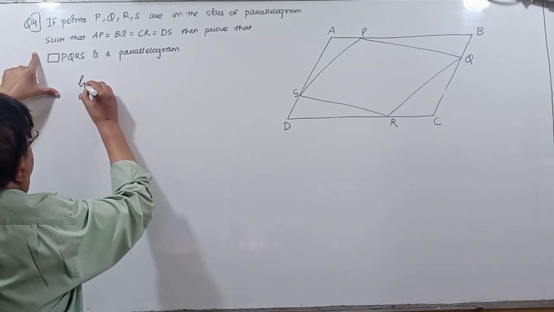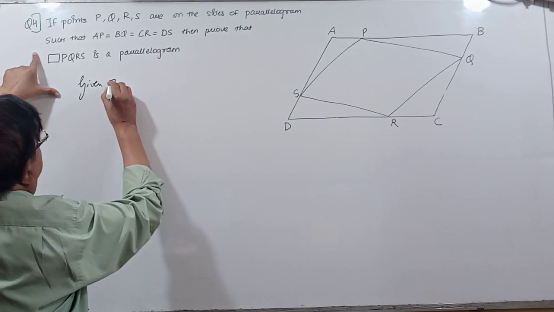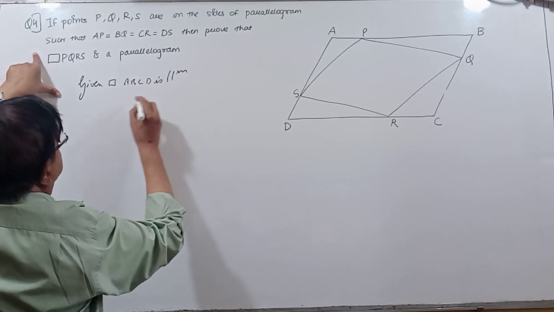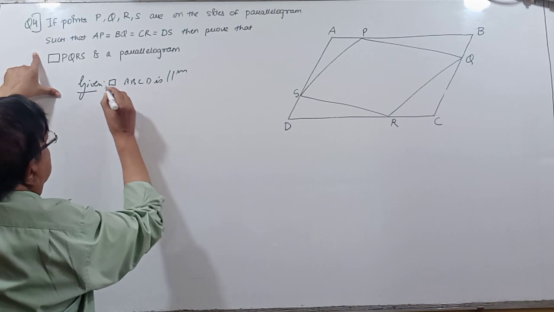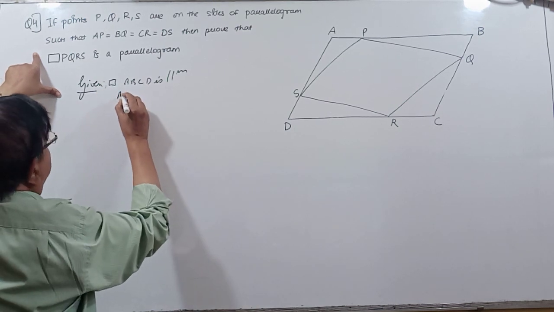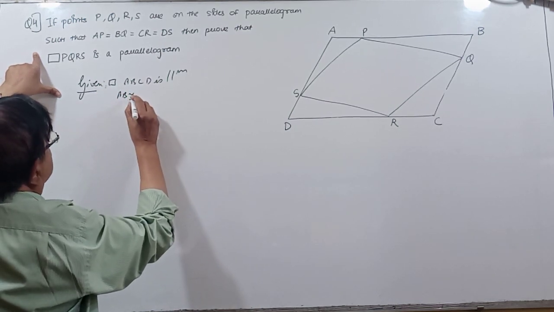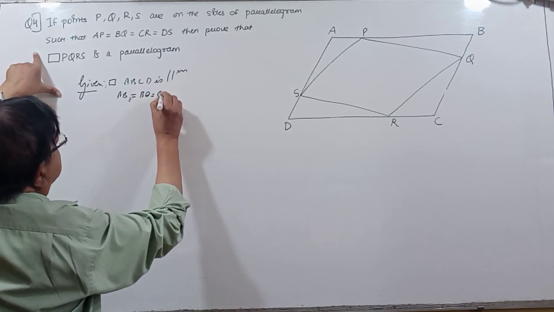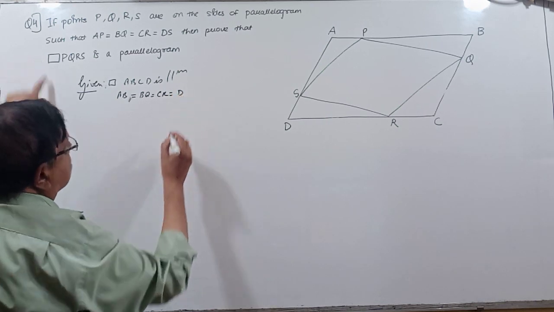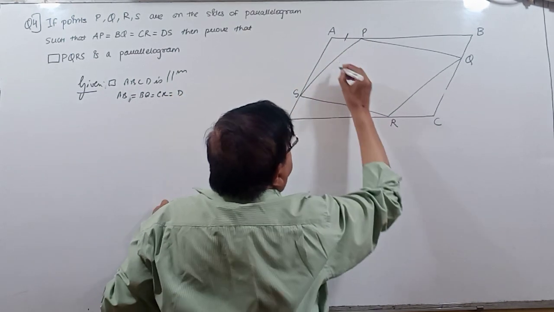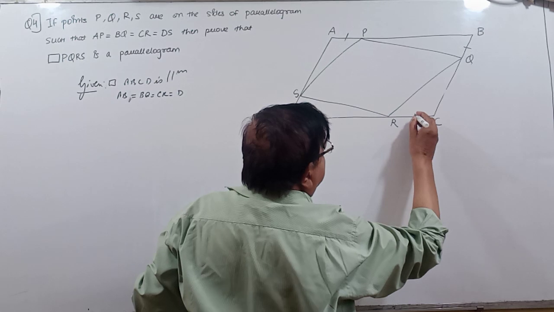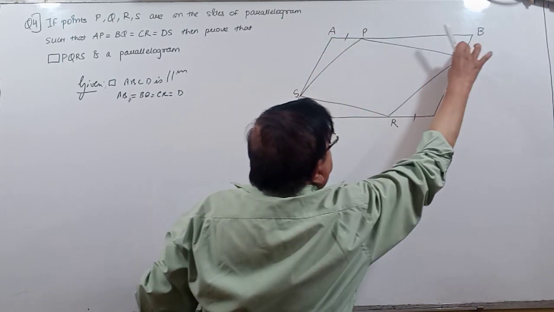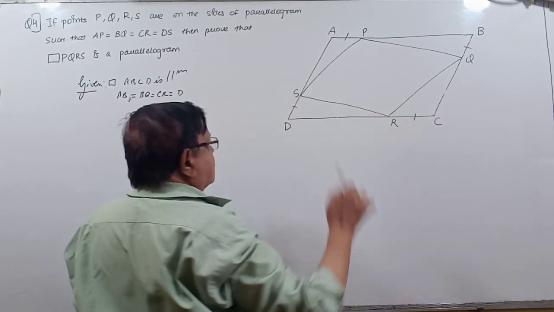Given: quadrilateral ABCD is a parallelogram. After that, AP congruent to BQ equal to CR equal to DS. This AP is equal to this, BQ is equal to this, equal to this, equal to this.